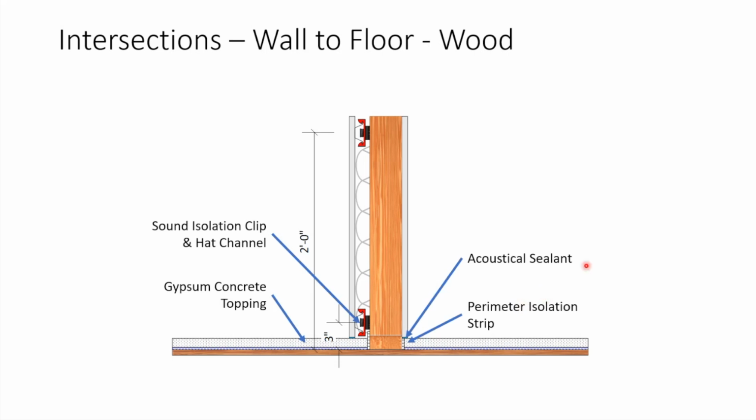Wall to floor. Another place where, again, we want to make sure that we're sealing everything well, but we're also not creating any sort of structural transmission issues. So our preference on the drywall side is to pour your gypsum concrete topping first and then run your drywall down to that. There was a project many years ago that PAC was involved in, long before I was here, where a wall was installed and then they poured the gypsum concrete.